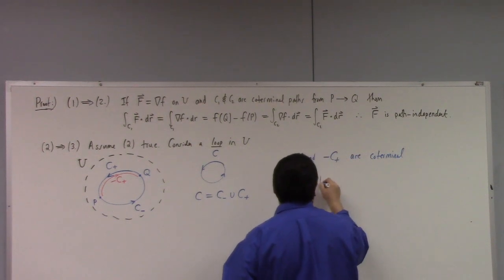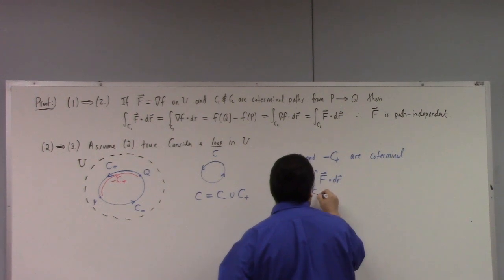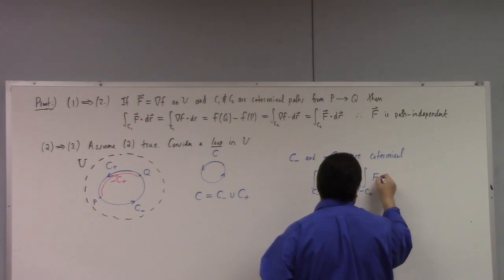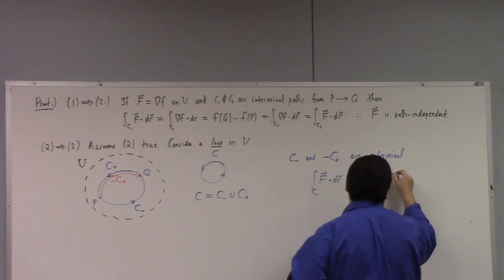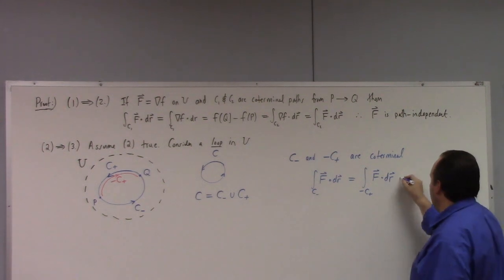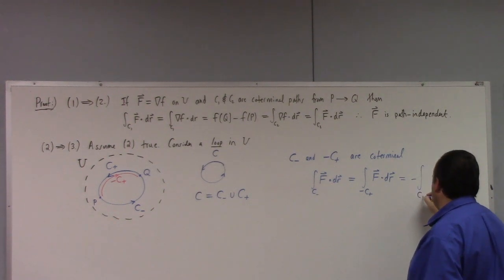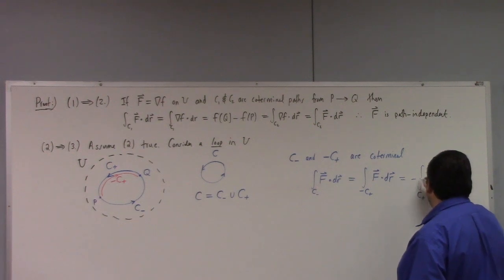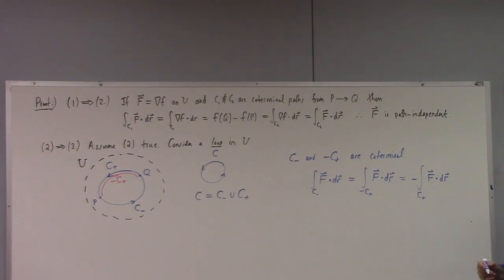So that means that the integral of f dot dr along C minus is equal to the integral of f dot dr along minus C plus, right? But by the properties of line integrals, if we reverse the curve, we pull a minus out. So this is equal to minus the integral along C plus of f dot dr, using our little theorem that if we reverse the curve, it changes the sign of the line integral.